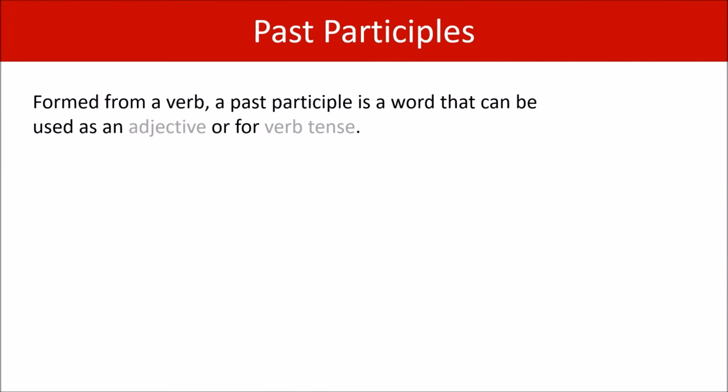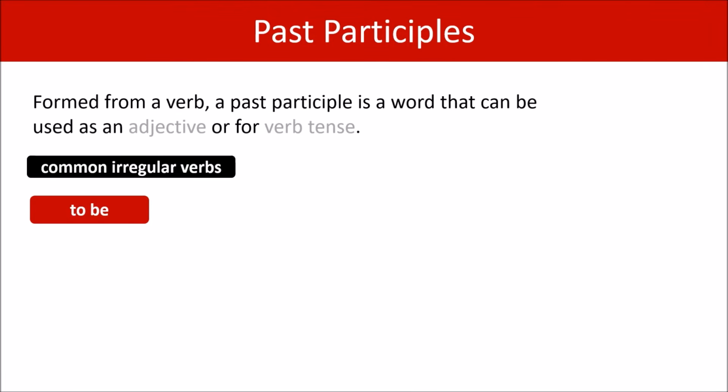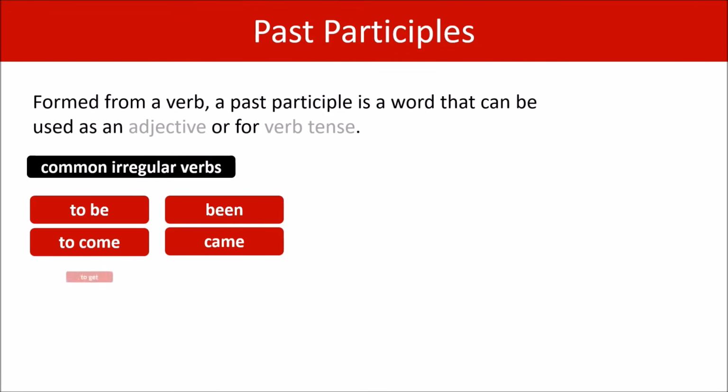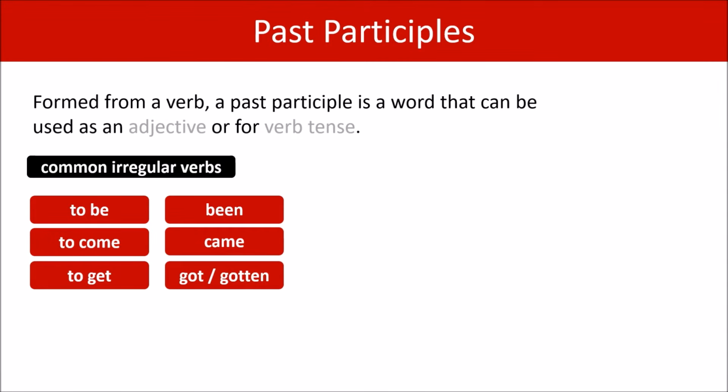Somewhat ironically, most of the common verbs in English are irregular. And here are 10 common irregular verbs. To be, the most common verb, has a past participle been. To come goes came. To get goes got in British English, but gotten in American English.